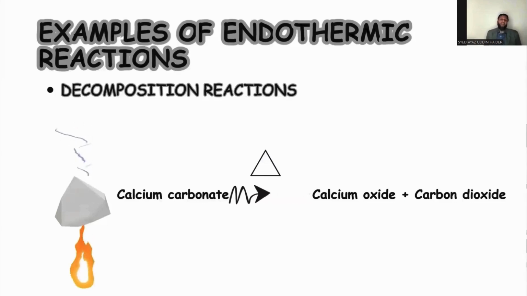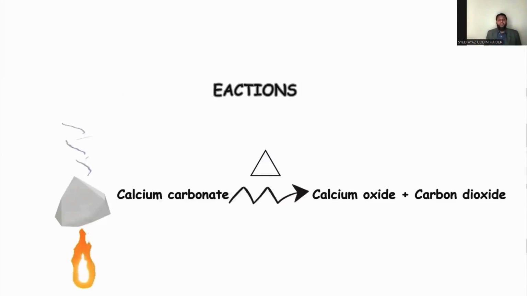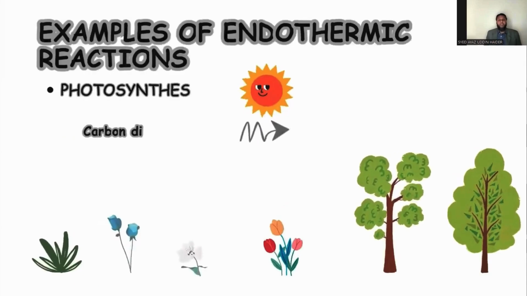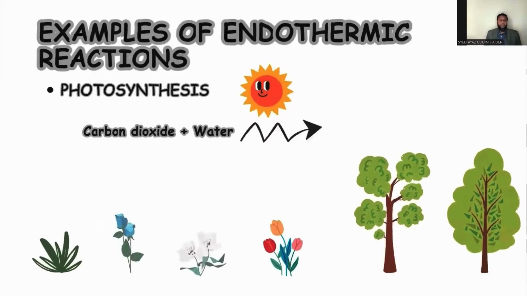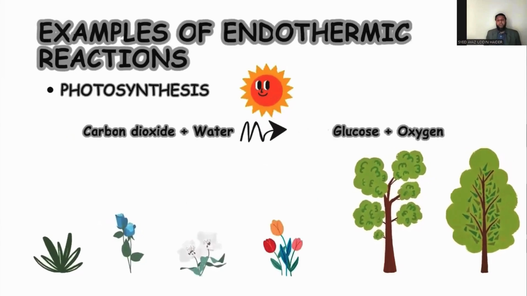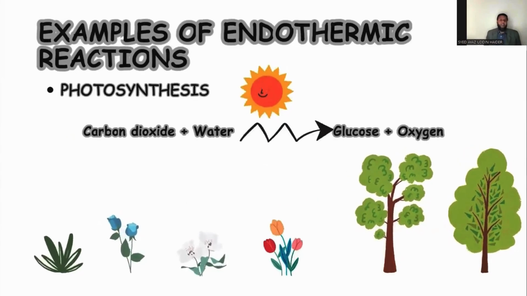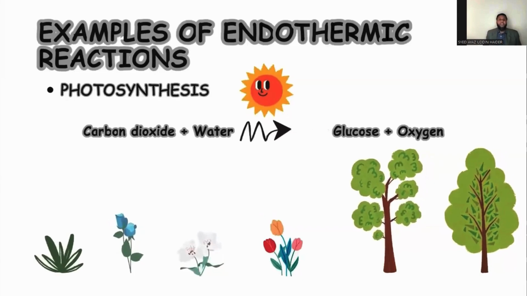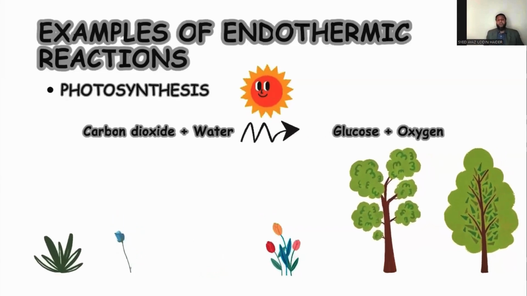Moving on to the next example of an endothermic reaction, we have photosynthesis. Photosynthesis is a very important process in plants, green algae, and some bacteria. They convert light energy into chemical energy. Sunlight energy is absorbed in this reaction.